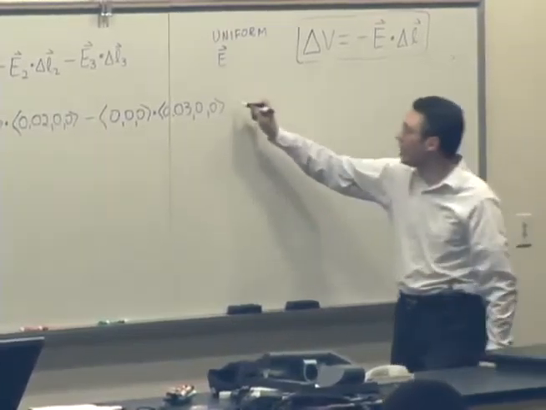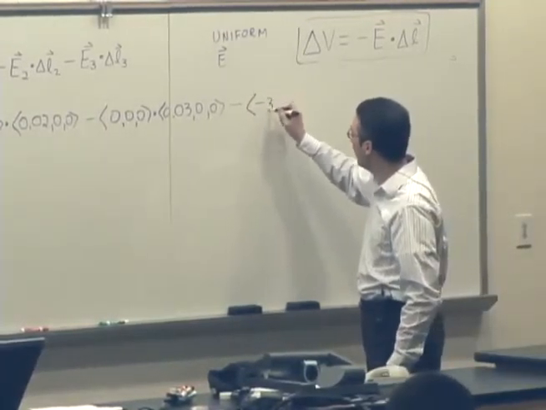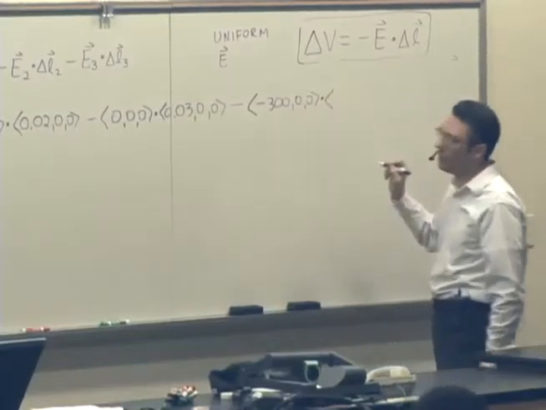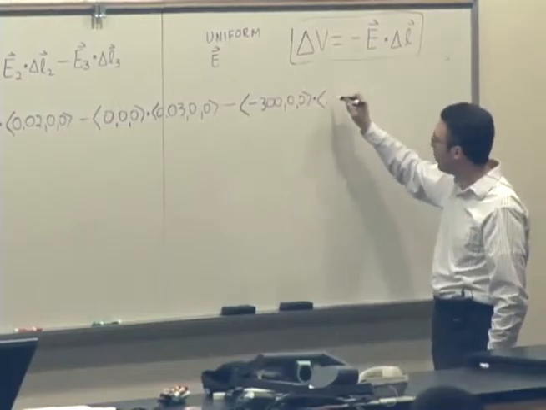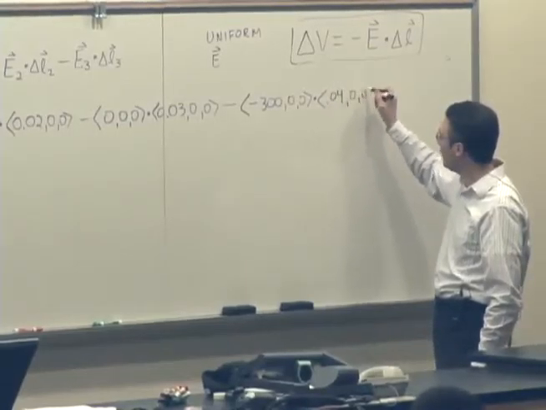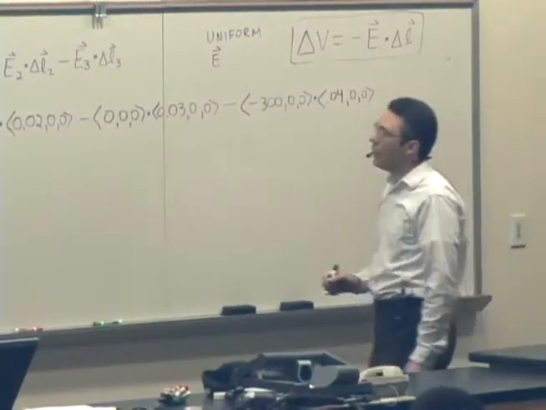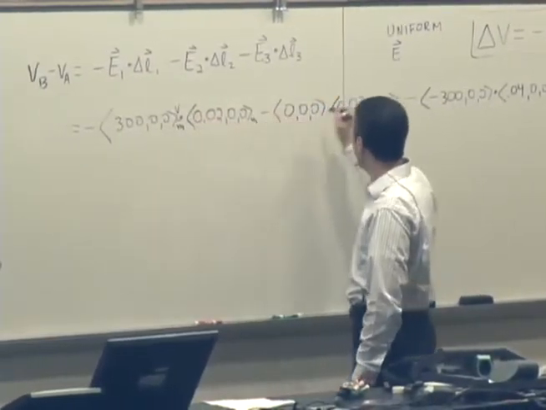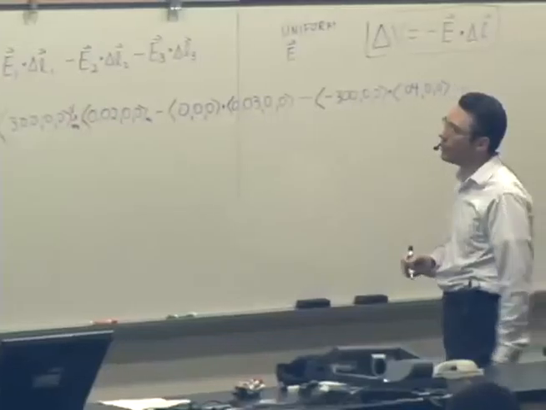Negative 300. So we have a minus, a negative 300, 0, 0, dotted with 0.04, positive 0.04, 0, 0. Okay? All right, and the units are volts per meter times meters. We're going to get units of volts, okay?